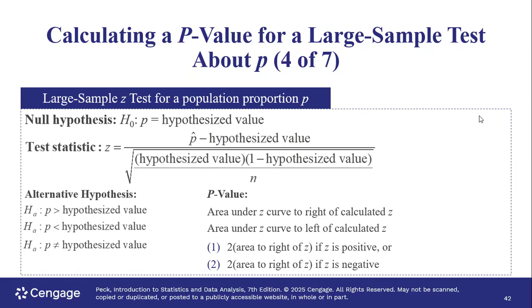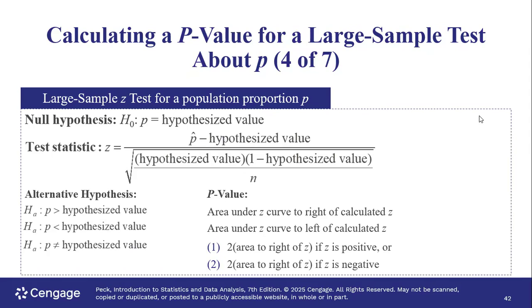So we calculate the deviation of the sample proportion from the hypothesized population proportion, and then divide the deviation, or difference, by the standard error, or the standard deviation of the sampling distribution of p hat, assuming the hypothesized value in the null hypothesis to be true.